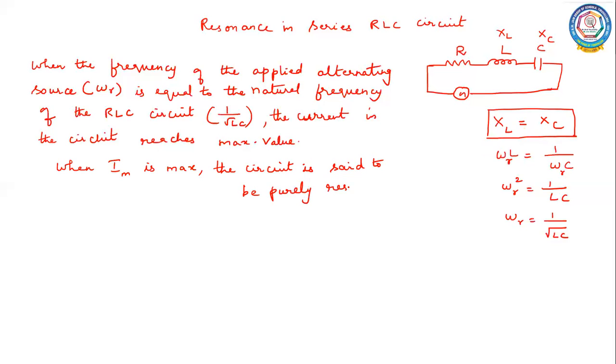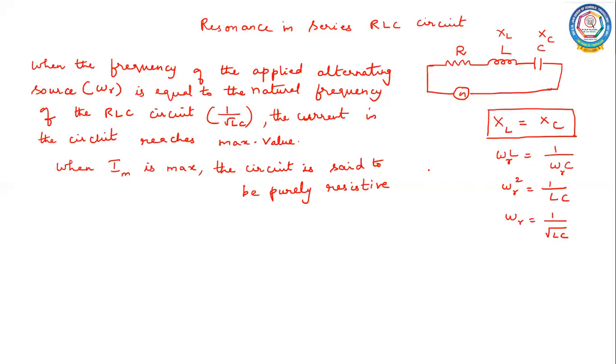In the previous videos we discussed AC with an inductor, a capacitor and a resistor. The circuit is purely resistive when XL is equal to XC.